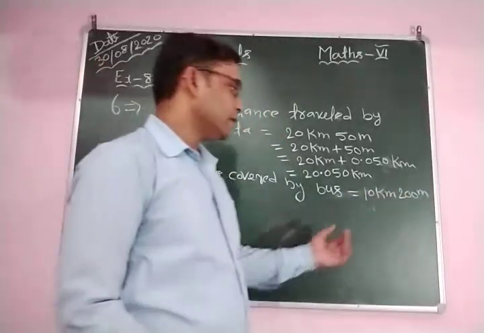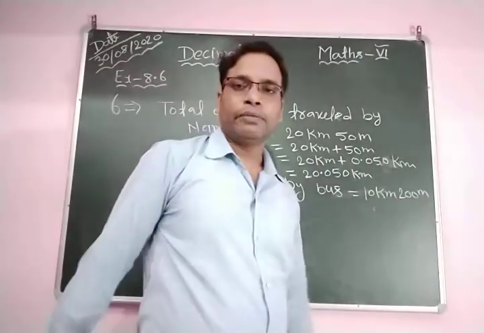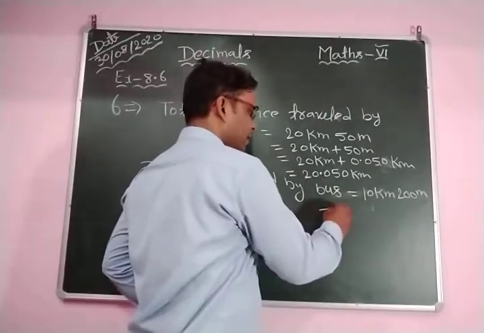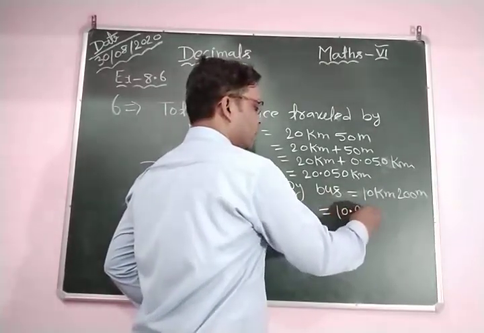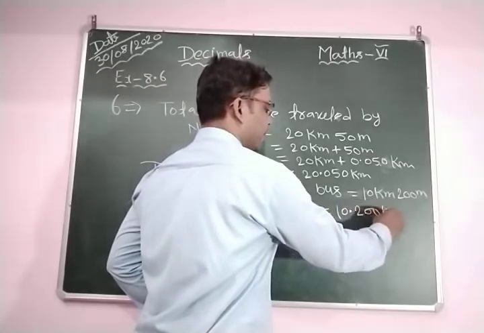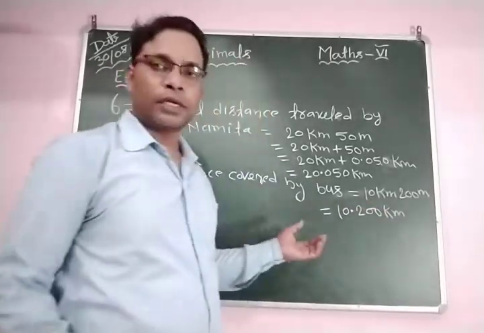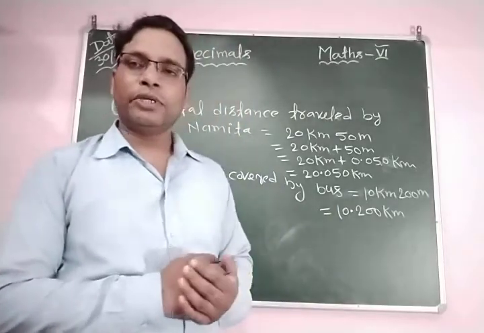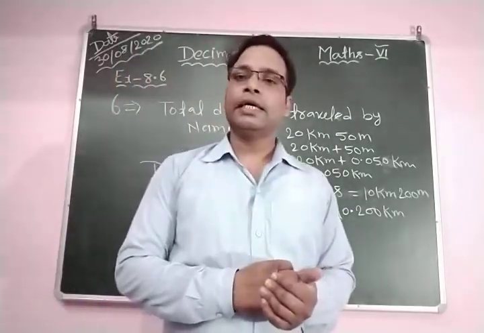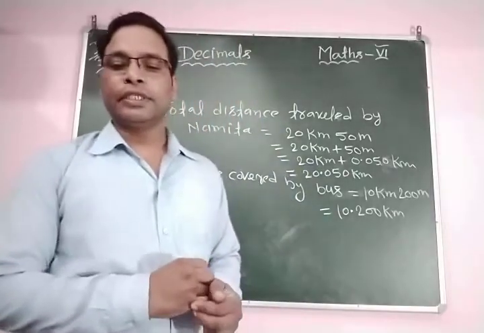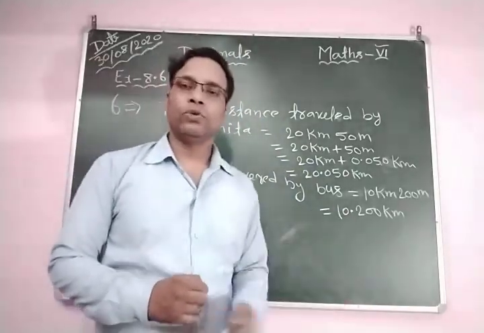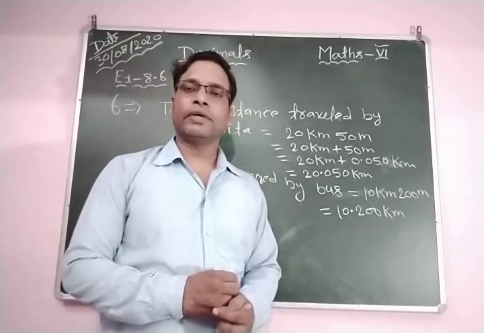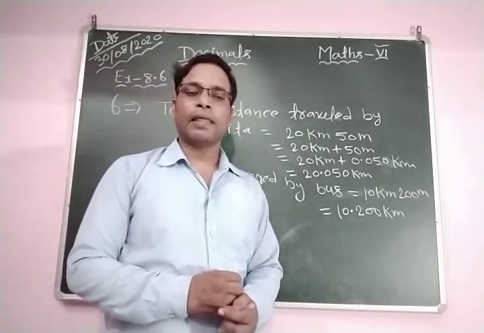Okay, now here we also convert 200 meters into kilometer, then we obtain 10.200 kilometer, because we discussed just a moment ago what is the relation between meter and kilometer, how we convert meter into kilometer. So in this way this becomes 10.200 kilometer. Now you need to find the distance covered by auto.